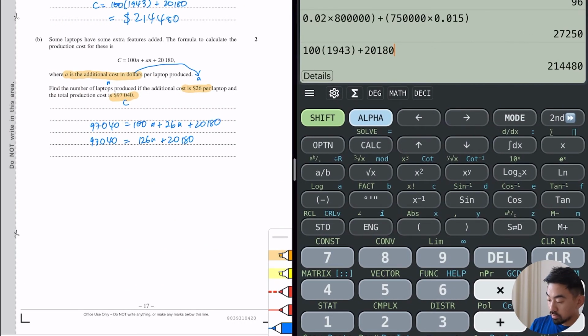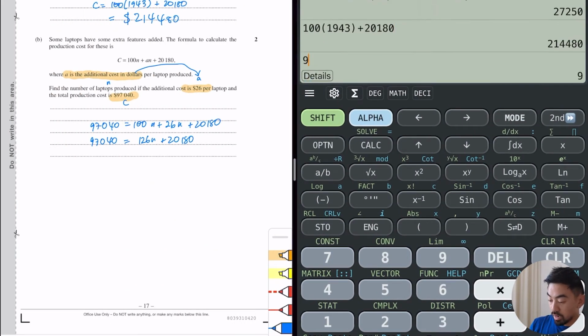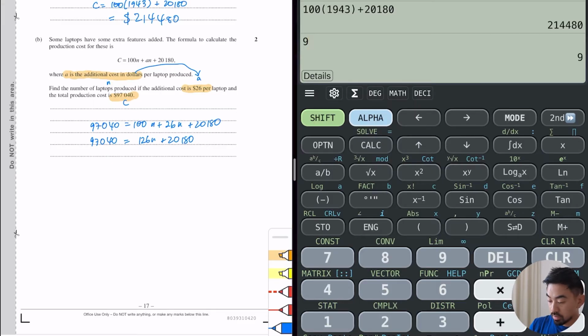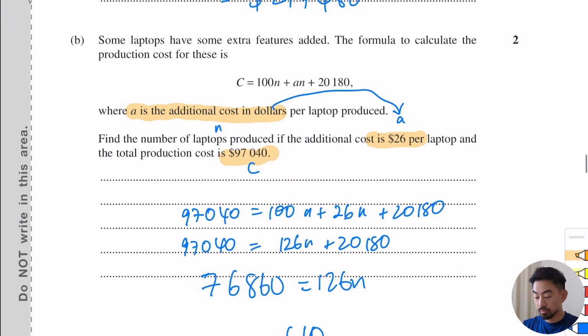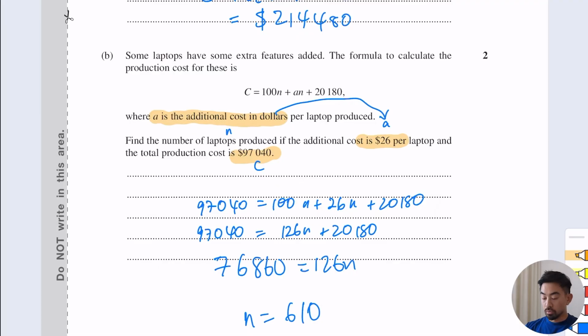So 97040 minus 20180. That's 76860 equals 126N. Divide by 126. So N is equal to 610 laptops. All right, cool. Let's keep going.